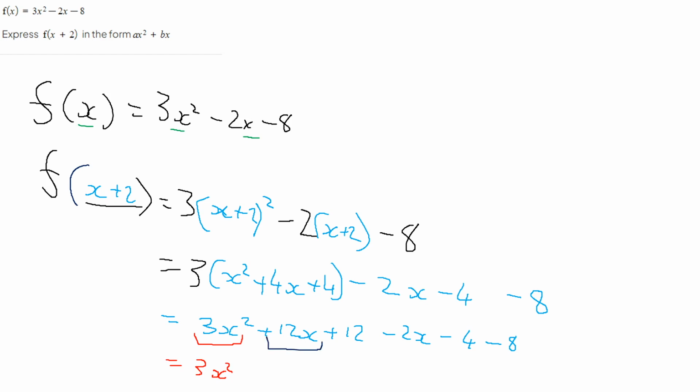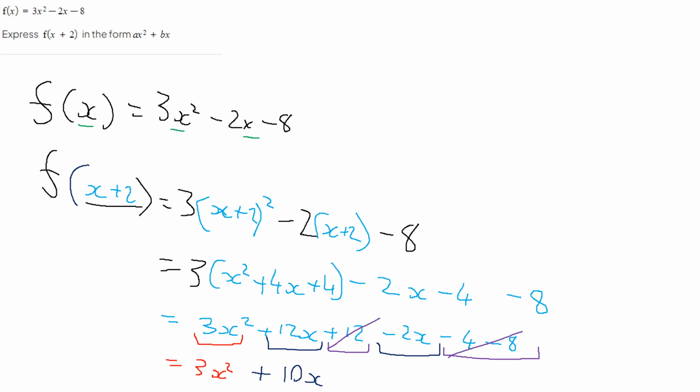Here we have a 12x and a minus 2x. So 12 minus 2 is equal to plus 10x. And then here we have a 12, a minus 4 and a minus 8. They're just going to cancel out. So the answer is 3x squared plus 10x.